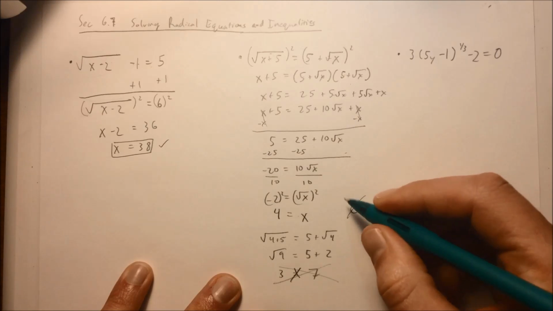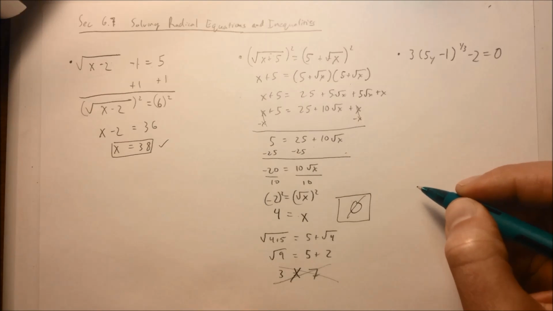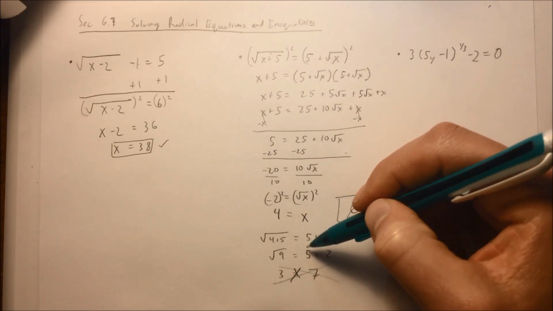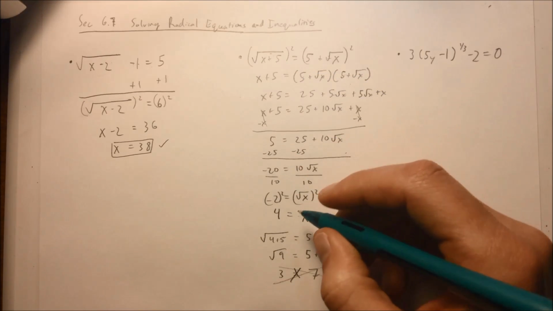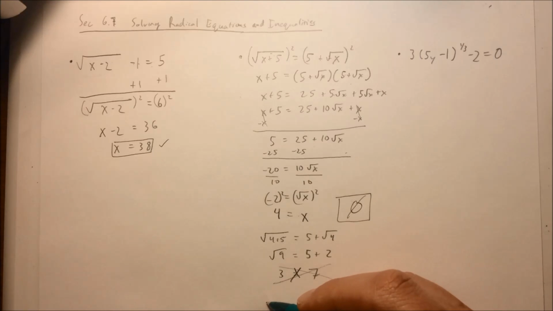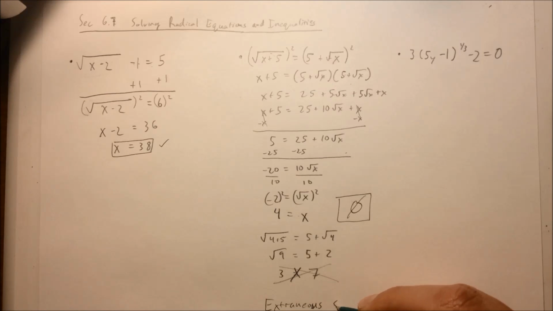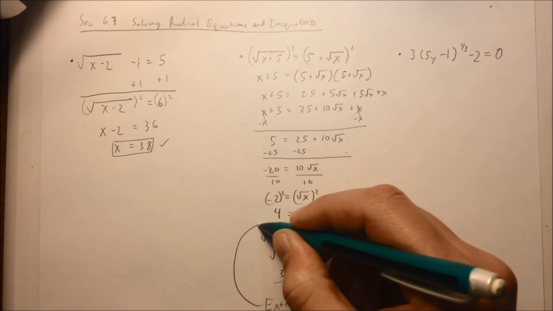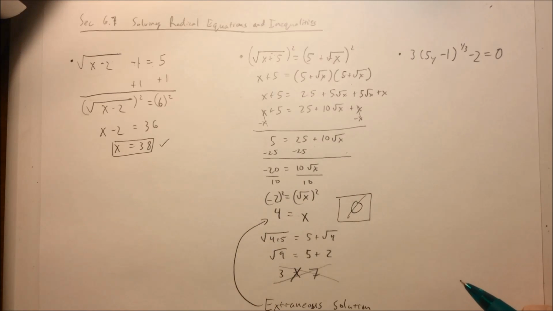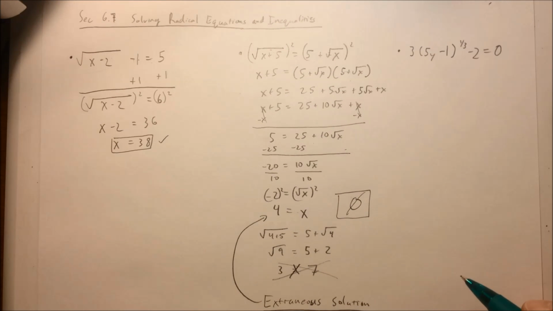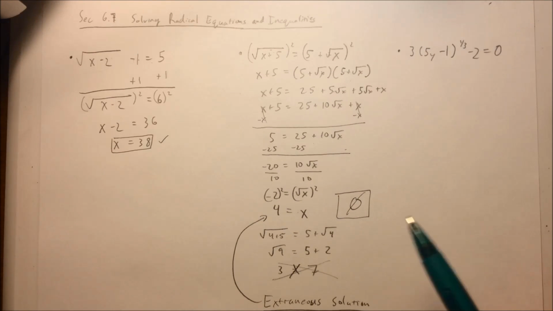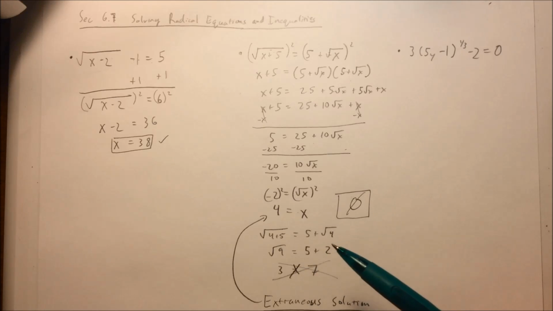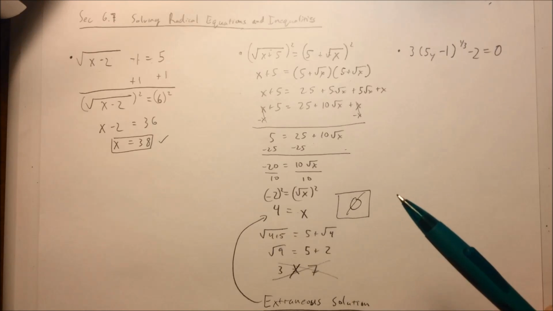There's no solution to this. So this is what's called an extraneous solution. It's an extra solution, a solution that does not work. So when you get the answer, you still have to go back and check to see, does it actually work?